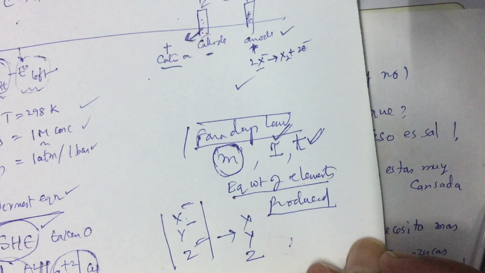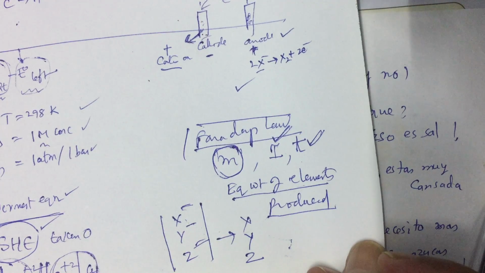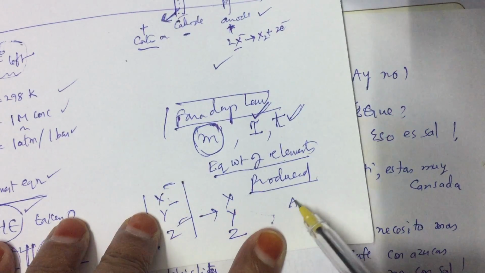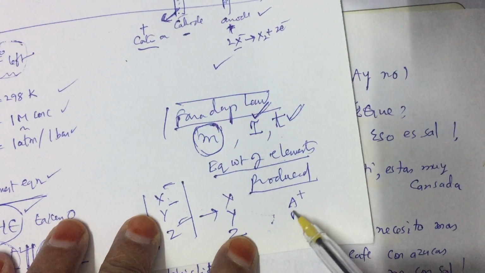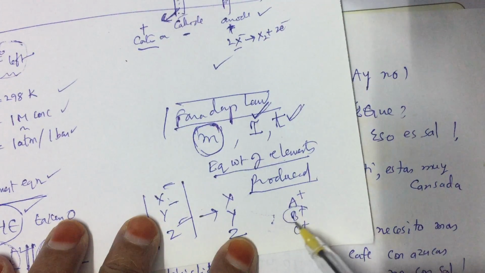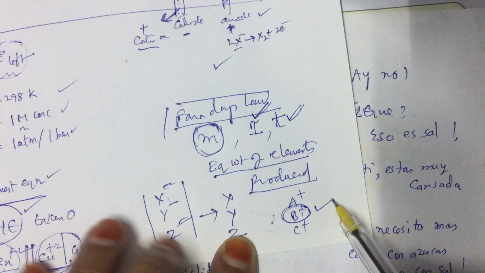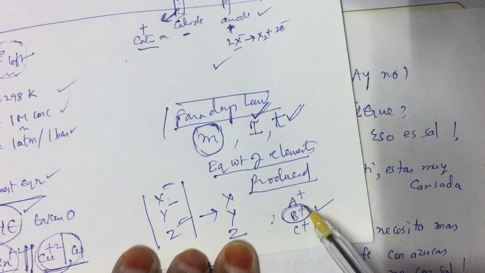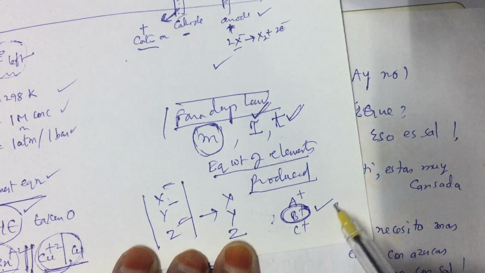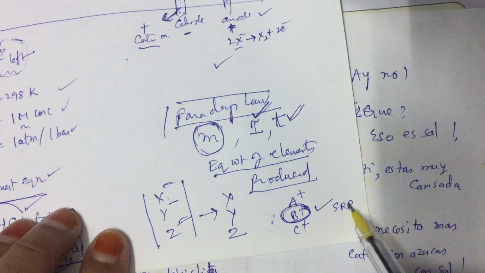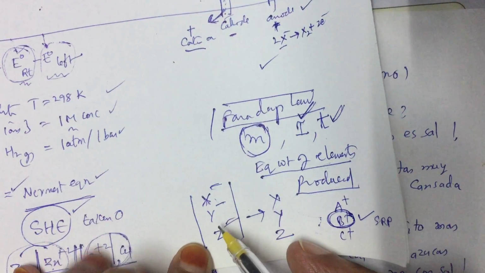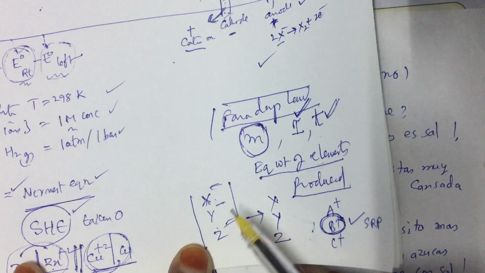Instead we are using standard reduction potential. The one that has high standard reduction potential will readily gain electrons in A plus, B plus, C plus. If this B plus has the highest SRP, first it will gain electrons. So always electron gaining happens to that electrode which has the highest SRP. Therefore, electron loss happens first to that one which has the least SRP.